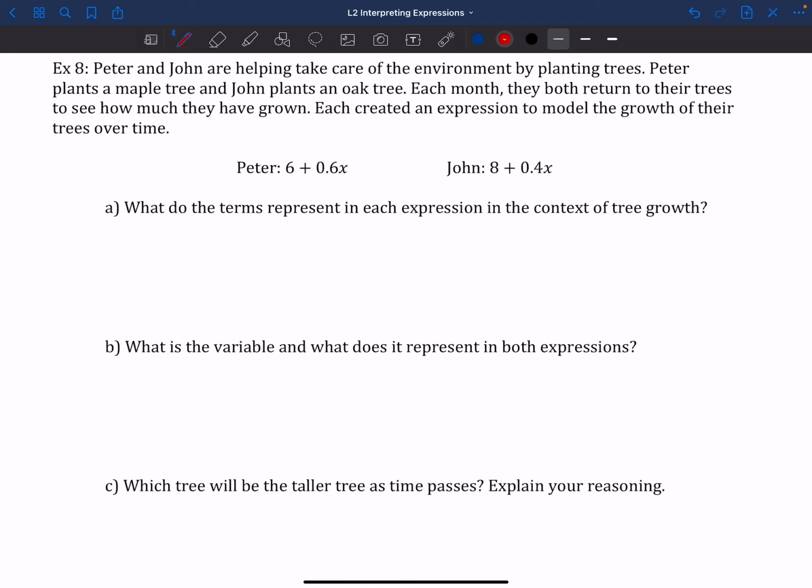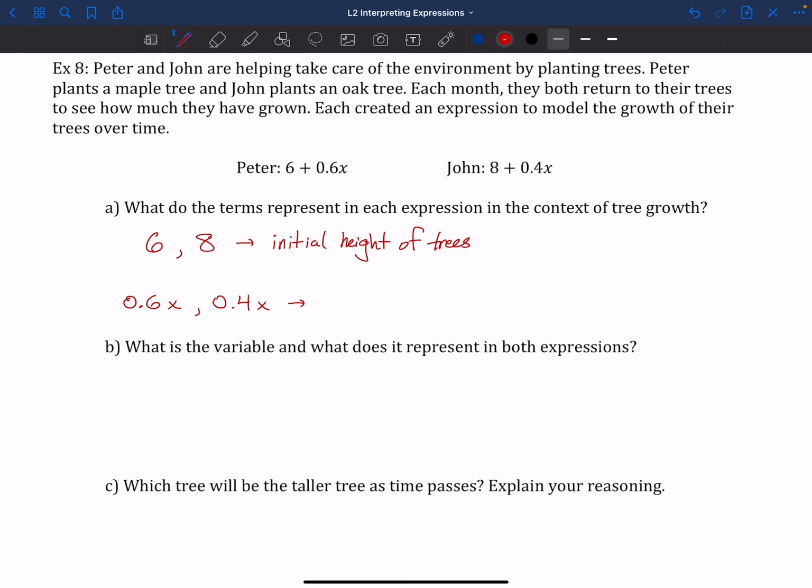So we're going to group these together. I'm noticing that I have some constants. I have a 6 and I have an 8. The 6 and the 8 are like a starting point. That's what the constants have always been: where we started. So it's the initial height of the trees. The other terms that we have are this 0.6x and this 0.4x.